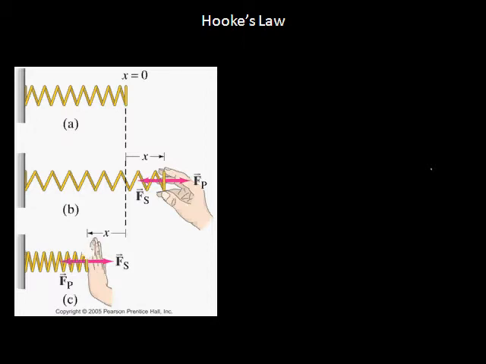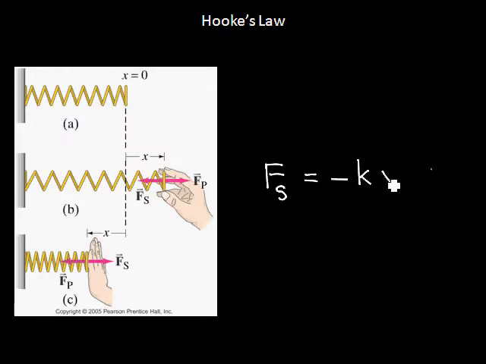And for a lot of springs, not for the full range of motions you can get, but for a certain range of either extension or compression of a spring, it'll obey Hooke's law, which basically tells us that the force exerted by the spring is equal to minus k x, where the minus sign signifies that the force exerted by the spring is in the opposite direction to the displacement, and k is a constant.